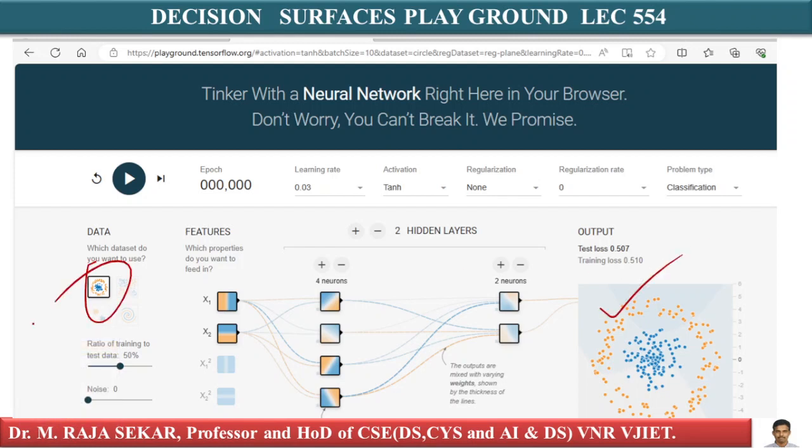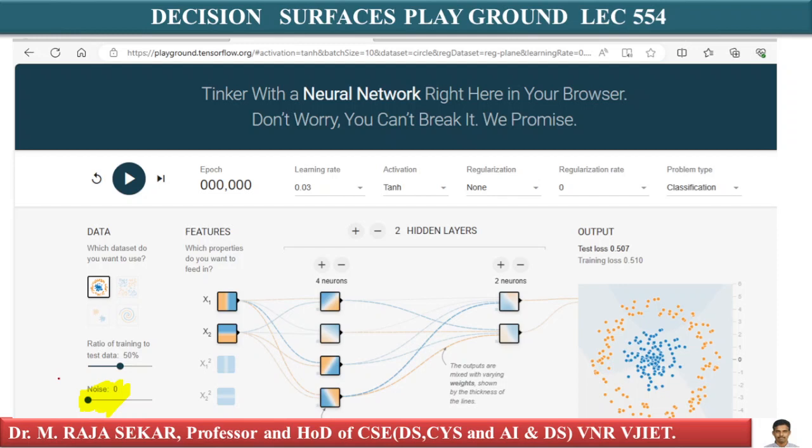Now I want to start training. Look at all the parameters. Noise is 0, so I have no noise.